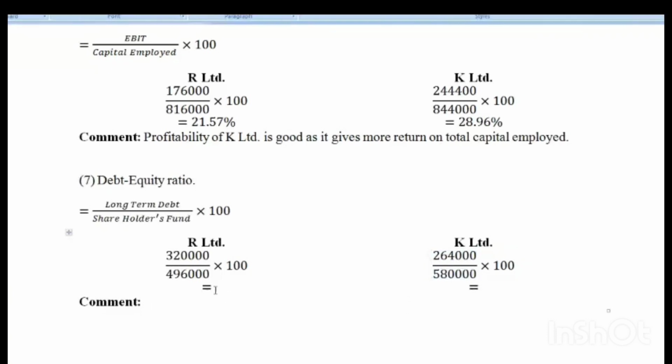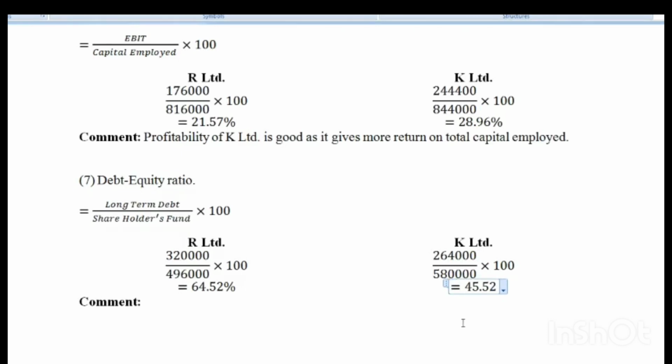Okay, the answer is 64.52 percentage, and here 45.52 percentage.